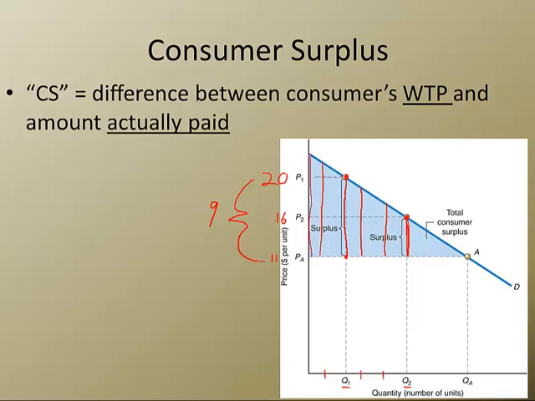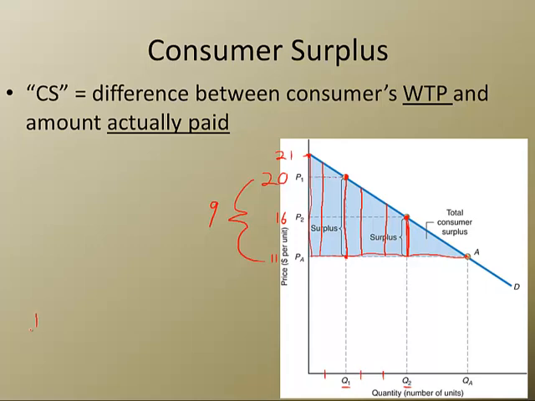So it's this tall from this point here down to this point, and it's this long from 0 over to QA. Alright, so we can find out how big that is by using the formula for area of a triangle. So this was 20. Let's say that this intersection point right here is 21, just to make our math easy.